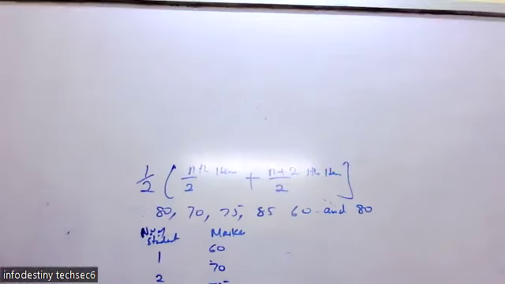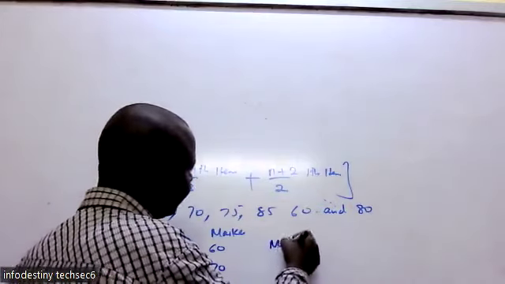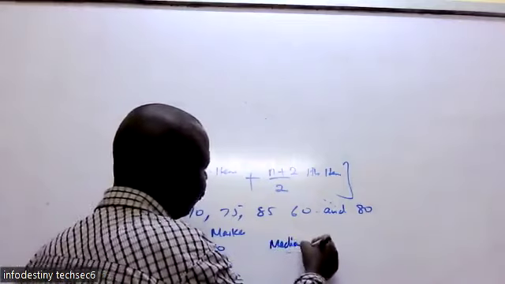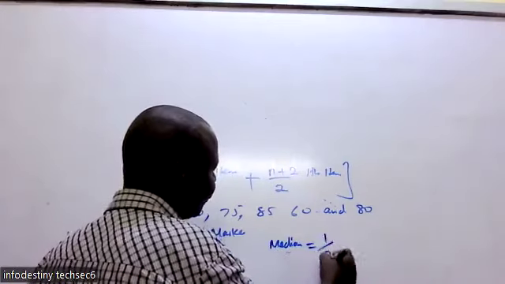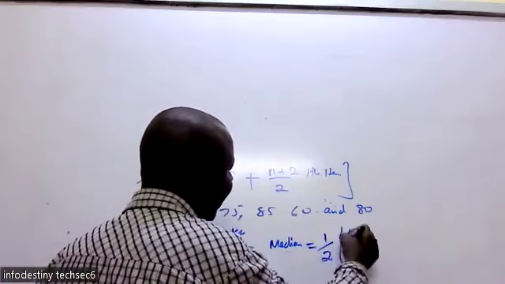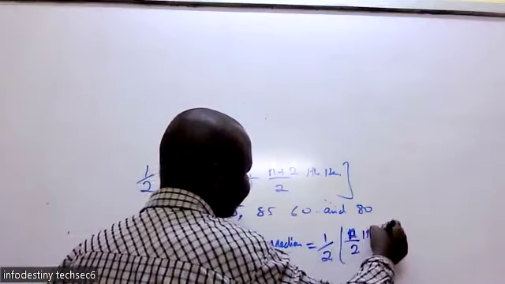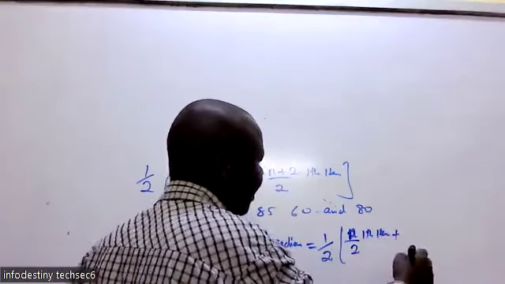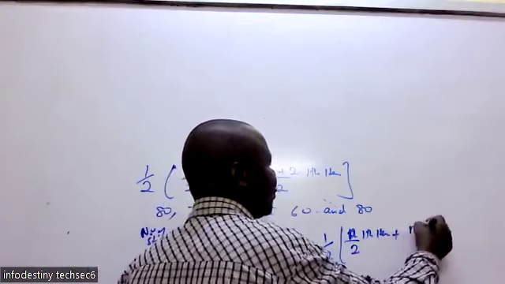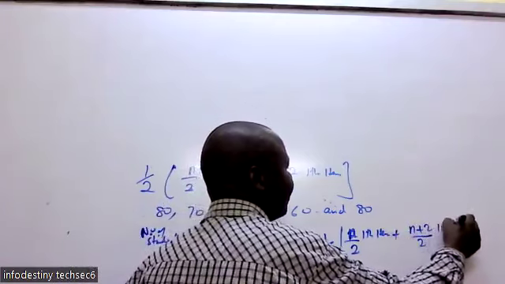So in this case, we are going to use the formula for us to say that median will be equal to 1 over 2 into bracket n over 2 item plus n plus 2 over 2 item.